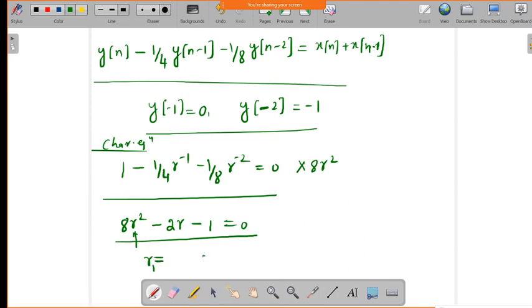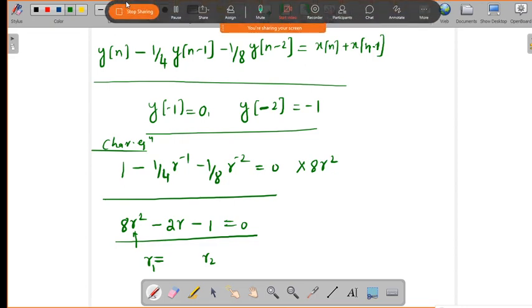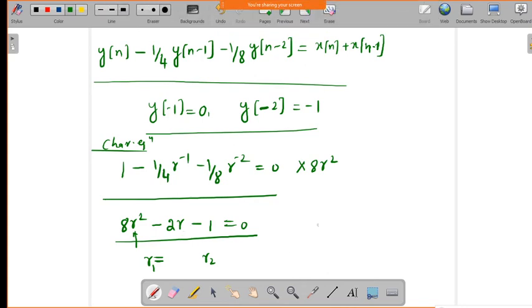R1 and R2. What are the values of R1 and R2? Hello, anybody solved? 2 and minus 4. Try to check it. So 0.5 and minus 0.25.